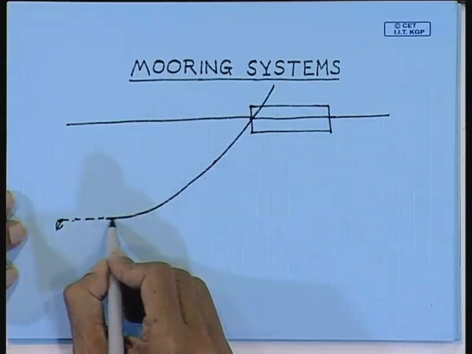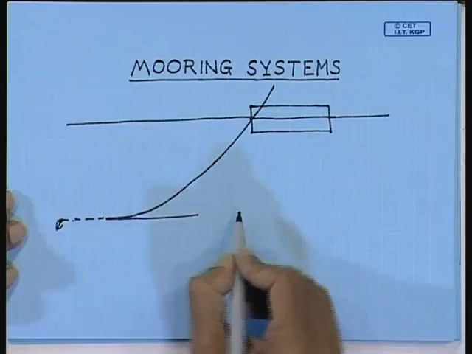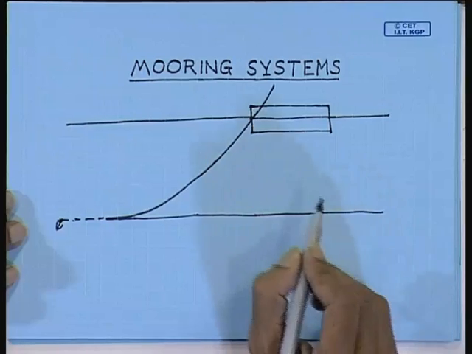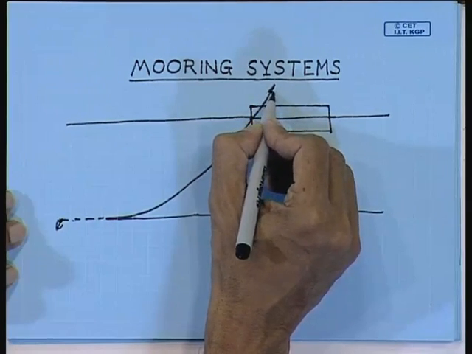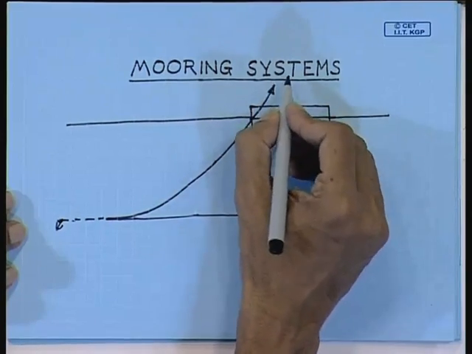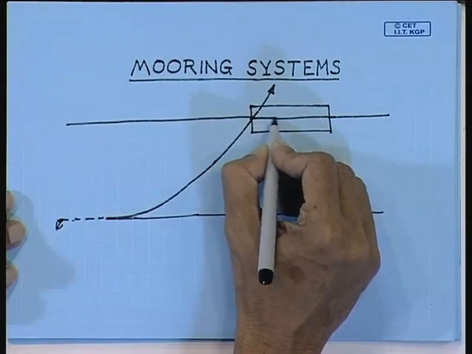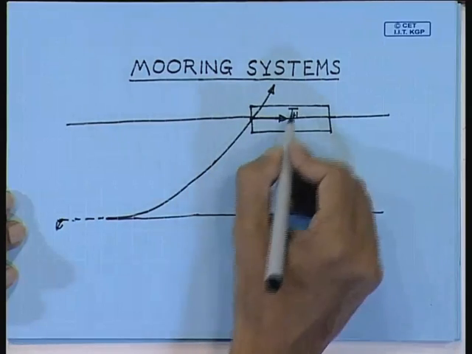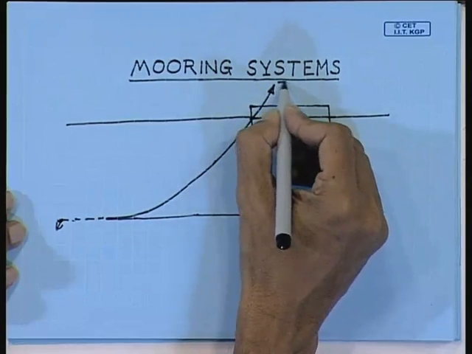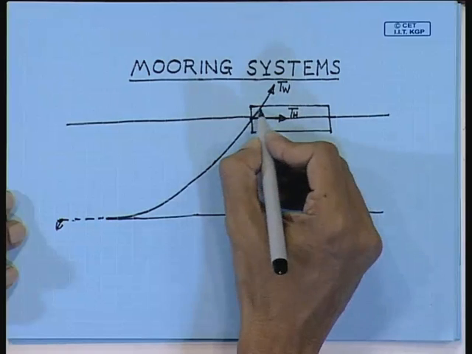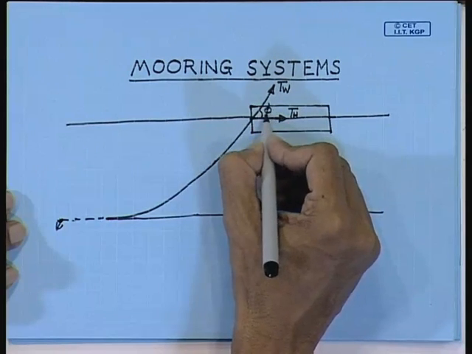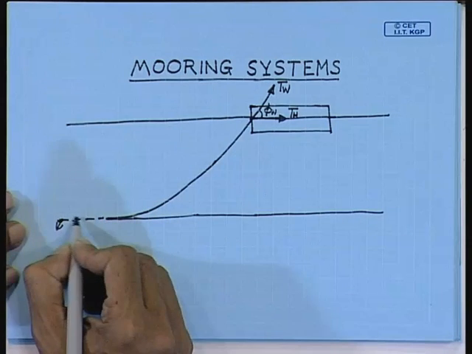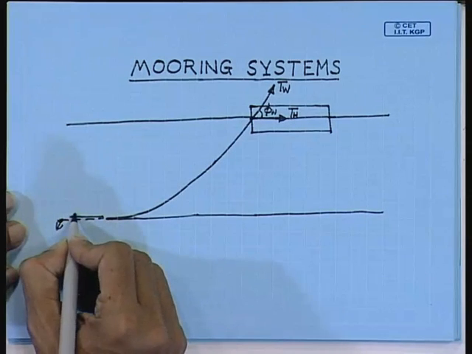This is your H. This is TH, and this one is TW and this is phi W, and out here, at the seabed, this will be T0.